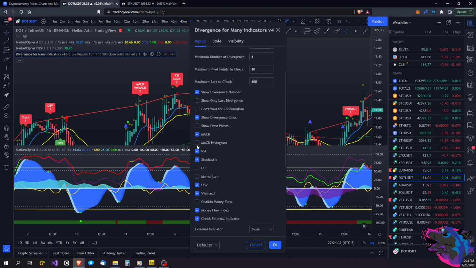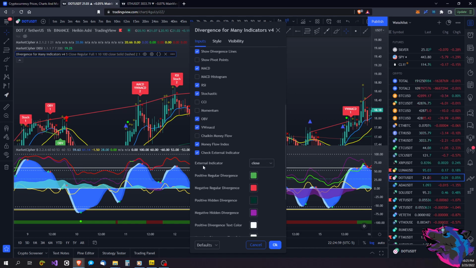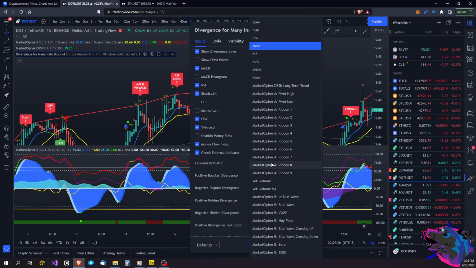You've got your MACD histogram, RSI, stochastic, CCI, momentum, not Market Cipher momentum, just a heads up, OBV, volume weighted MACD, Chaikin money flow, and money flow index. And then you have this check external indicator.